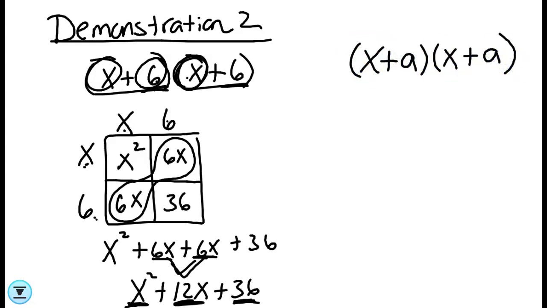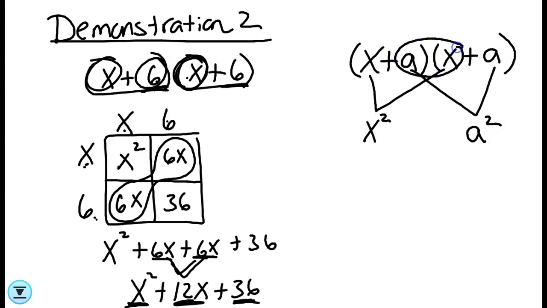All right, so here's how it works. You do x times x to get the first term. You do a times a to get the last term. But how do you get the middle term? You do a times x, and then you double it. And there it is. Okay, so it's that simple.